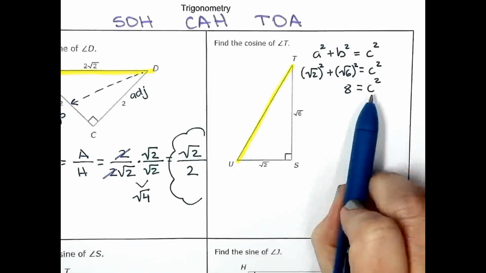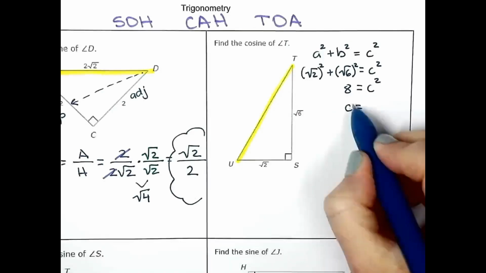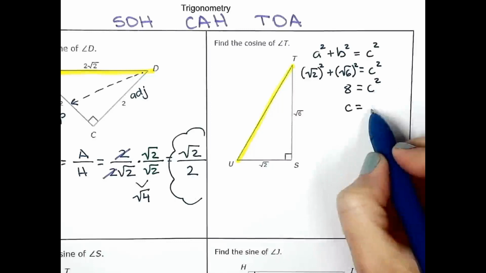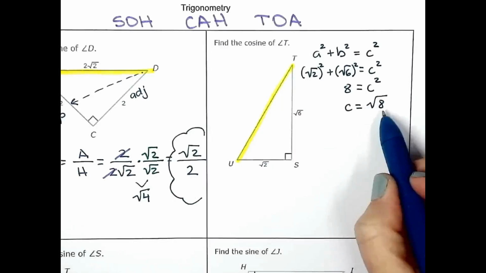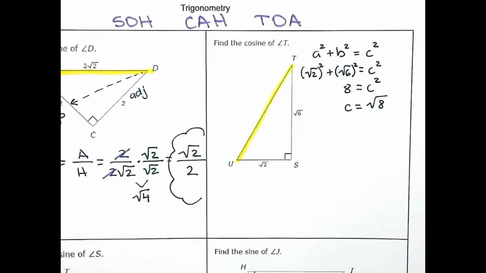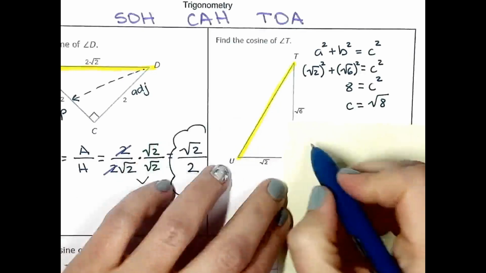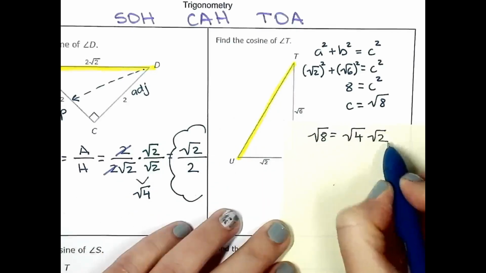Anyways, so here we have c squared is 8. For me to get rid of the square, I will have to take the square root. We need to simplify square root of 8 before we move on. Side lesson right here: when we take the square root of 8, we can simplify it as square root of 4 times square root of 2.